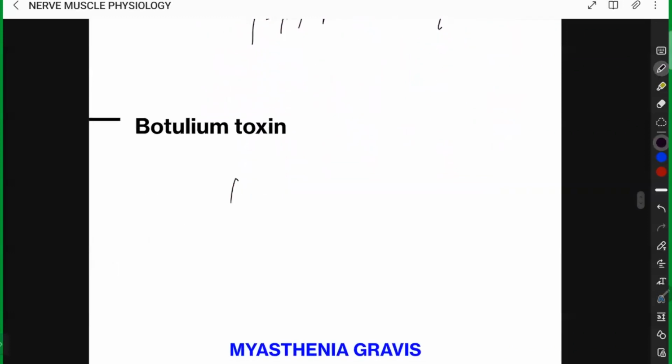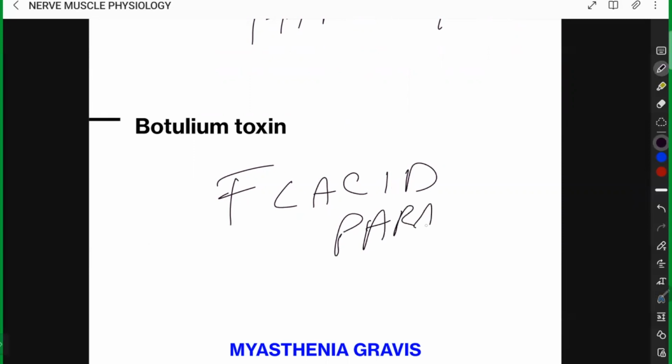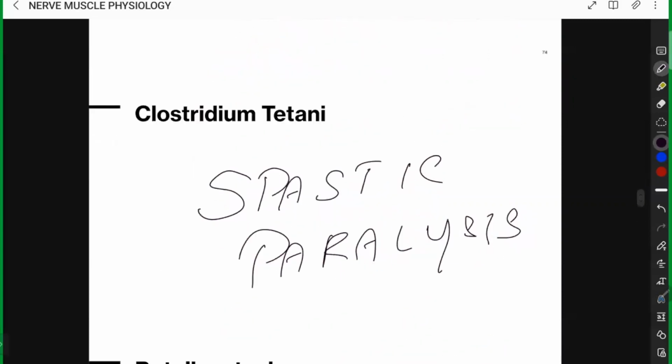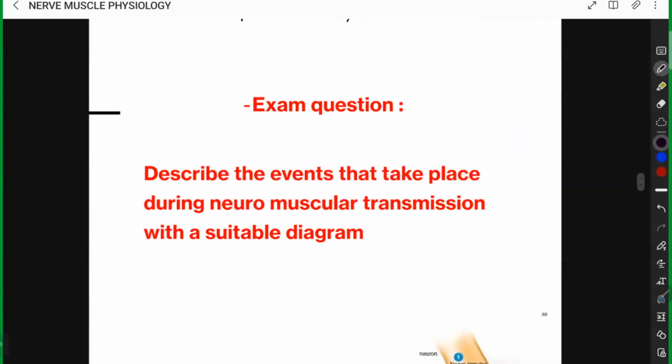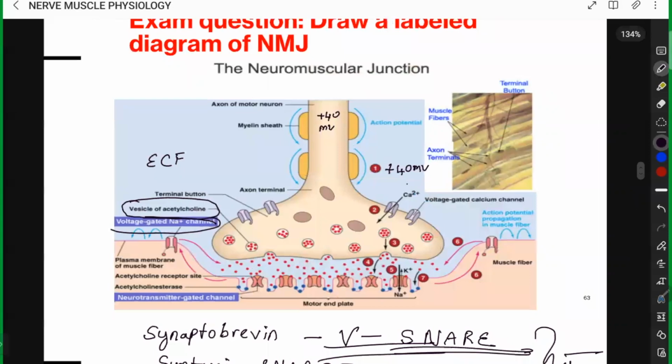Botulinum toxin is going to cause flaccid paralysis. With this, I want to talk about two very important things in this synaptic terminal, in this neuromuscular junction itself, that is skeletal muscle relaxants.